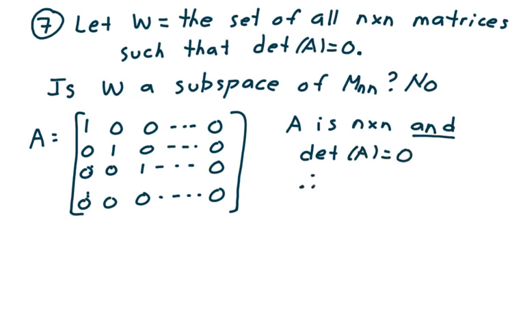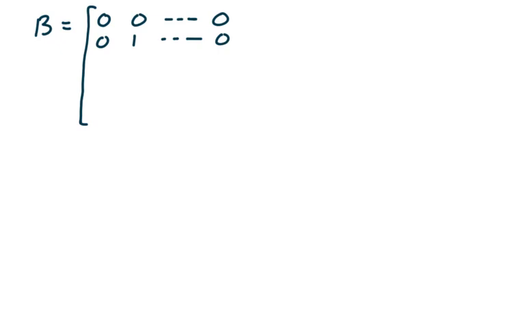And so, therefore, A belongs to W. Now, let's take a look at B. When I look at B, the first row is all zeros. In the second row, I'm going to have 0, 1, 0. In the third row, 0, 0, 1, 0. And when we go all the way down, we get 0, 0, 0, 1.